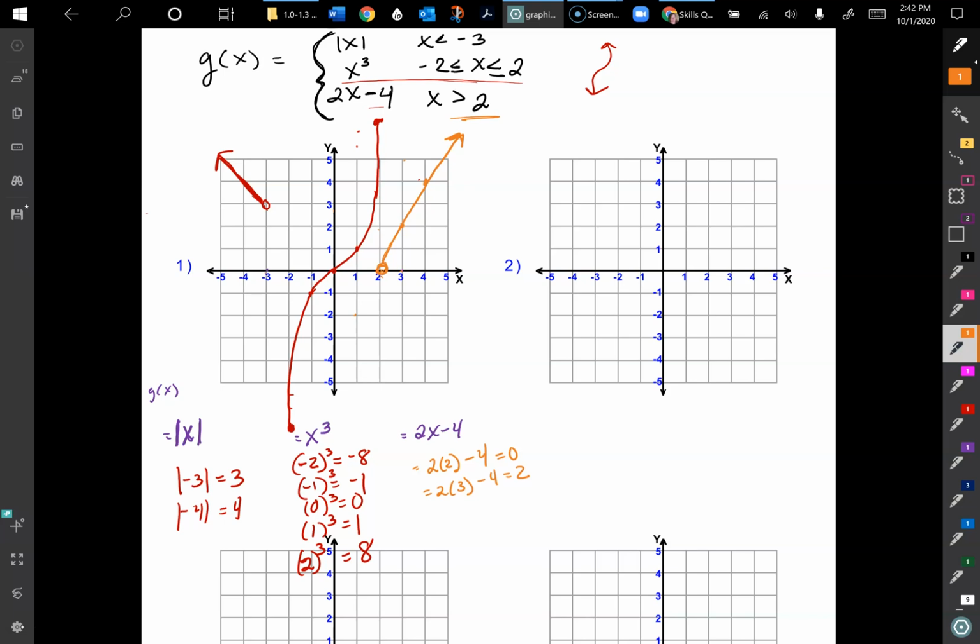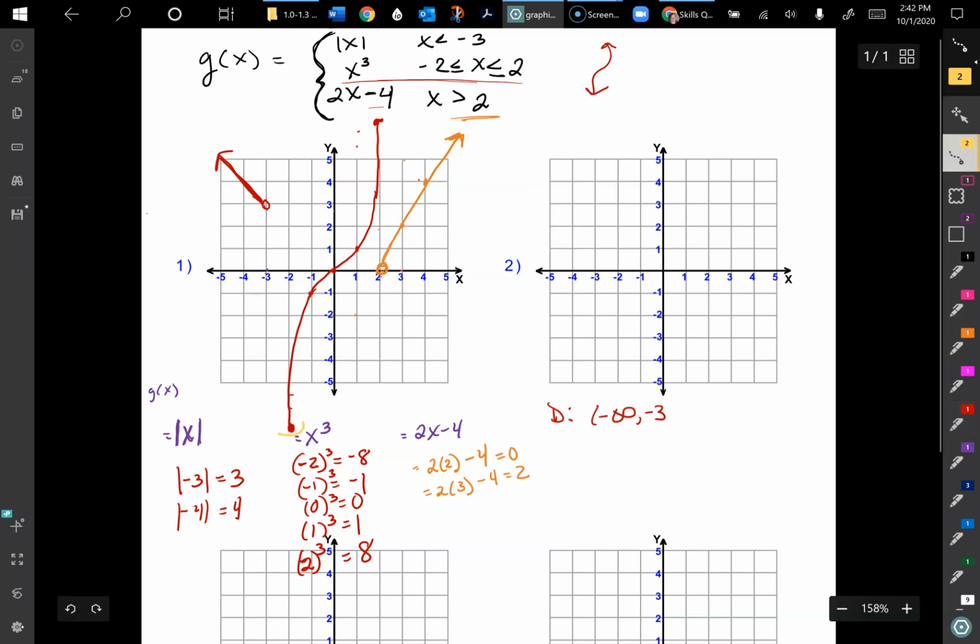So if I look at my graph, my domain would be negative infinity. I'm going to write it in interval notation to start with. So negative infinity up to negative 3, but not including the negative 3 because this dot down here is actually not until negative 2.